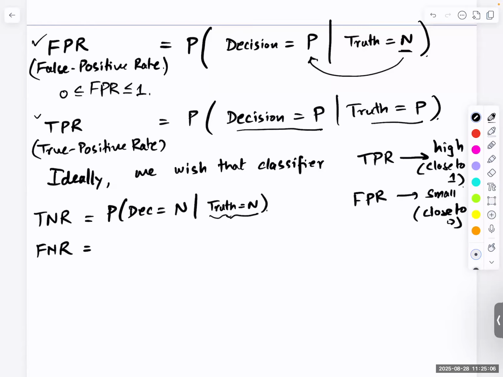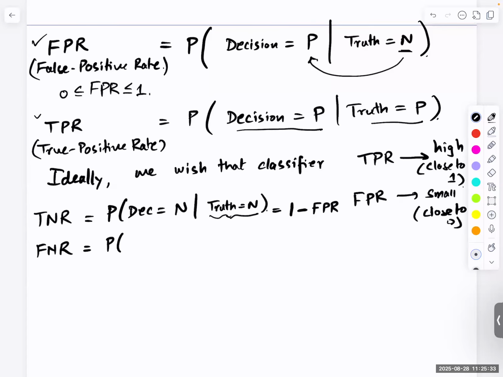Therefore, this should be equal to 1 minus the false positive rate, because conditioned on the event that the truth is N, the decision can be either P or N. These are mutually exclusive events, so these two probabilities should add up to 1. In other words, TNR plus FPR is equal to 1.